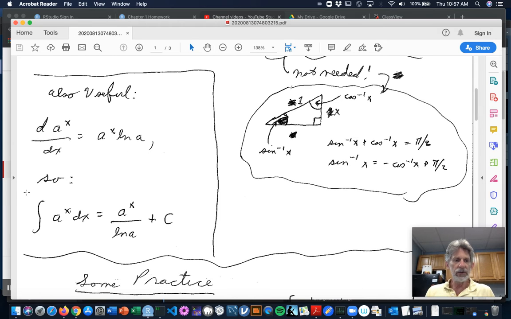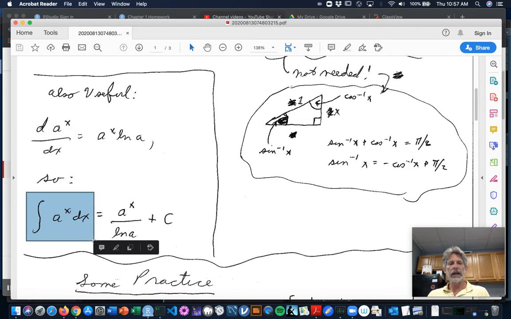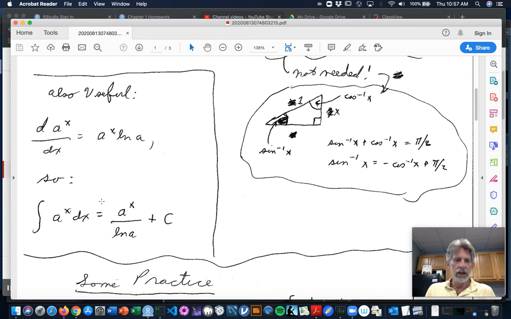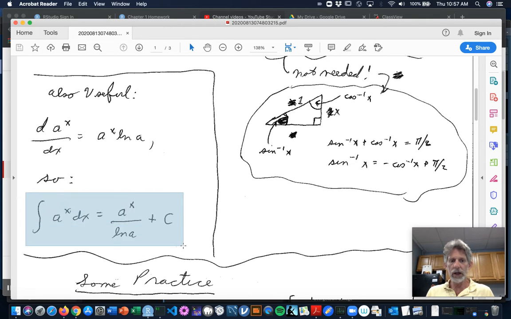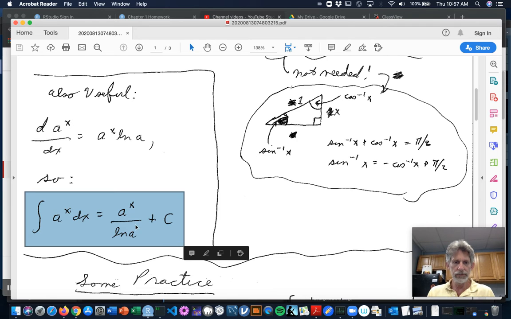So that leads to an idea for finding the indefinite integral of a to the x. Turns out it's going to be a to the x divided by the constant log a. Check it out. Take the derivative, and you'll see constant multiple rule for derivatives would give you a to the x as the derivative of this stuff. So you're going to want to remember this too.